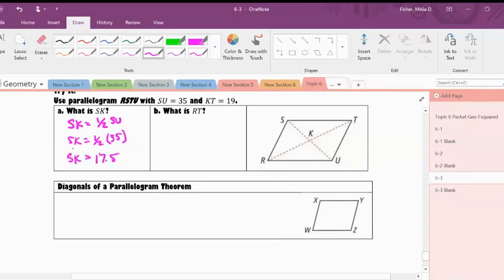So SK equals 17.5, and RT is the whole length, and we're given that half of it is 19, so we say that RT equals 2 of KT. So 2 times 19 equals 38.